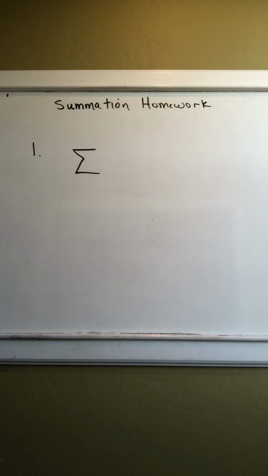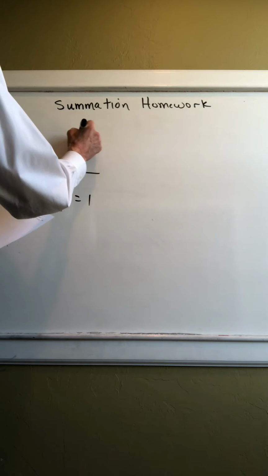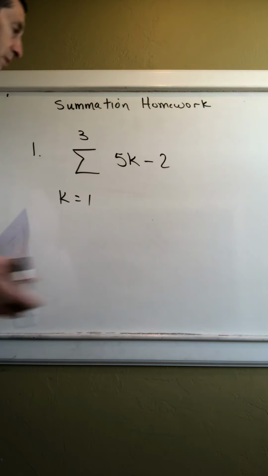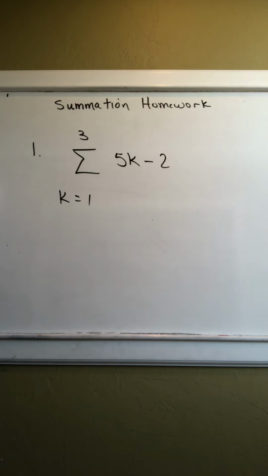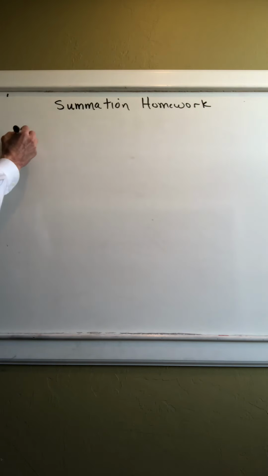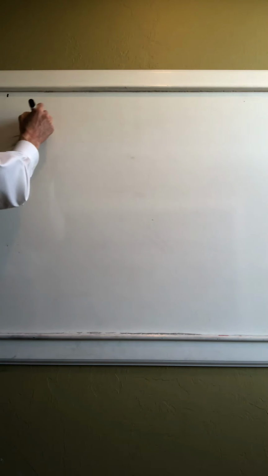Let's do the first one. Let's say we got k equals 1 to 3, and we have 5k minus 2. So there's your first one. There's only 3 of them. Let's do the second one. I might be able to fit number 2 and 3 here together. Yeah, let's erase this, get it a little higher.